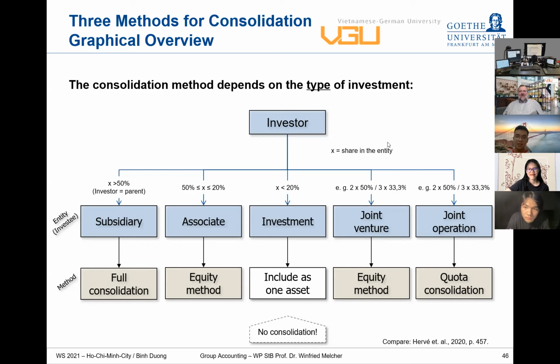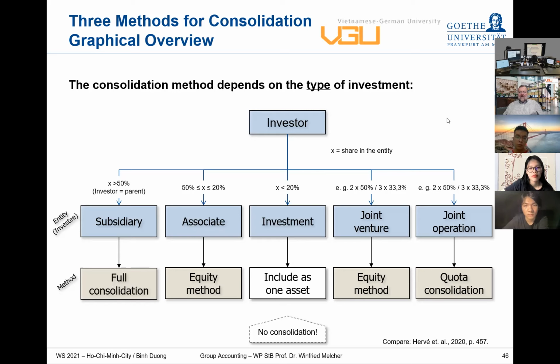Okay, so what do you do? You first have to find out what type of group company it is. We did that already. So is it a subsidiary? Is it an associate? Is it a normal investment? Or is it a joint arrangement? And then the consolidation method will follow the type of investment.